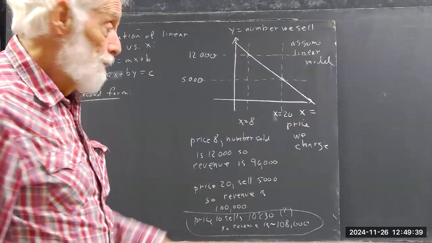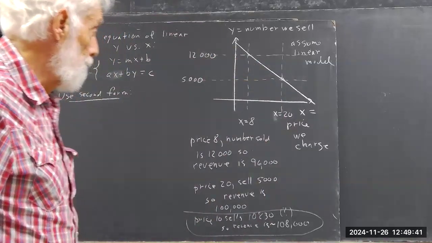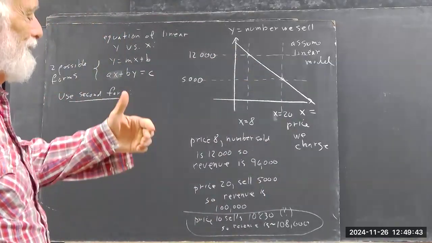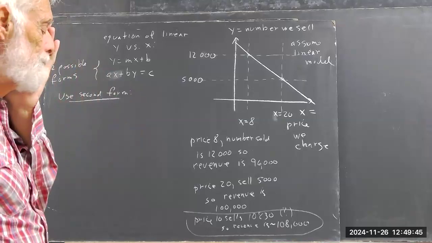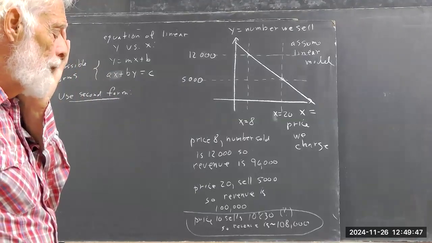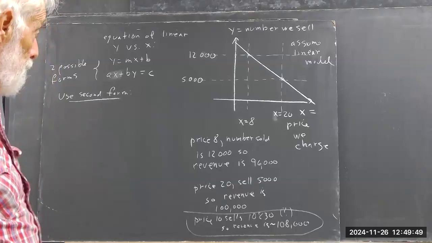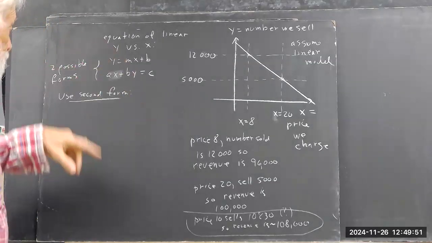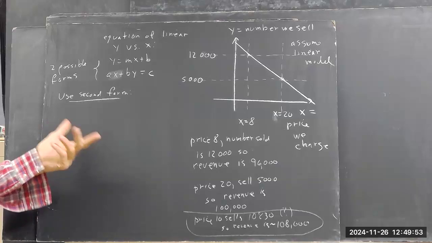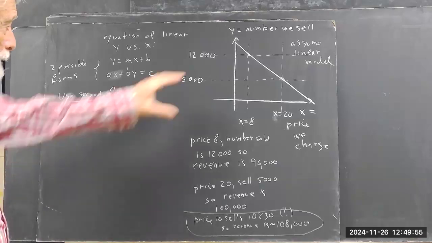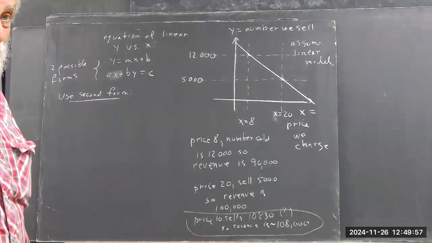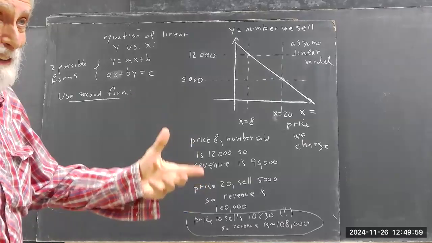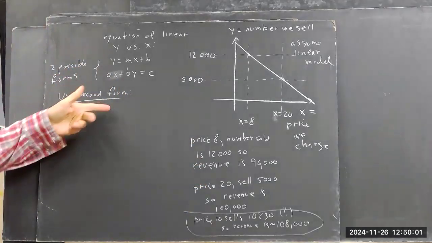Okay. Slope would be negative 583.33. But I did that in my head, so dismiss it. All right, we use the second form.